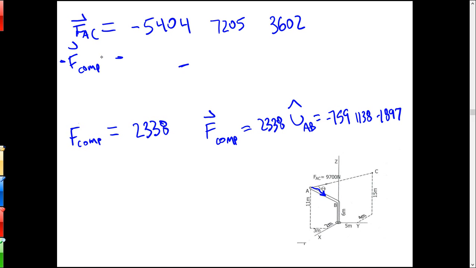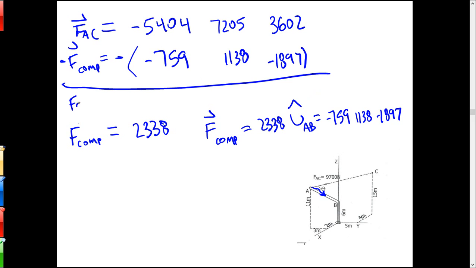So to find the shear, you realize that the compression and shear are two components of the total. So what you can then do is take the compression vector and subtract it off of the total force vector, okay? Like so, and then what you get is the shear vector.